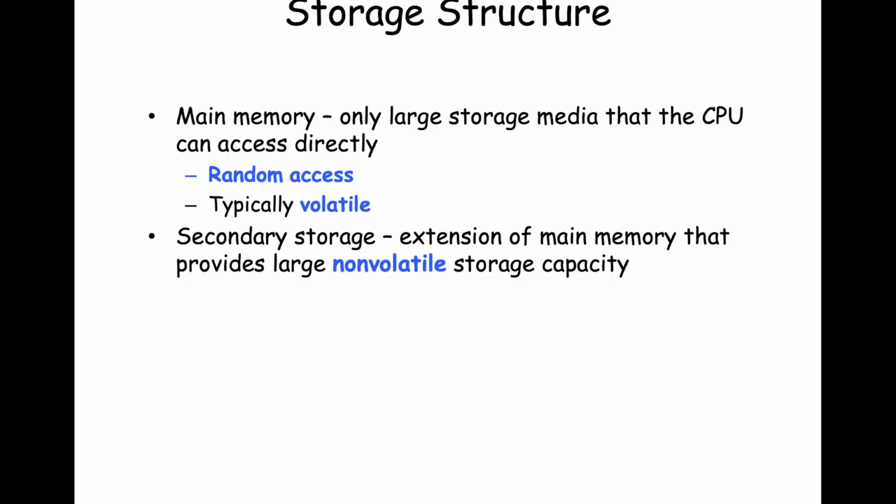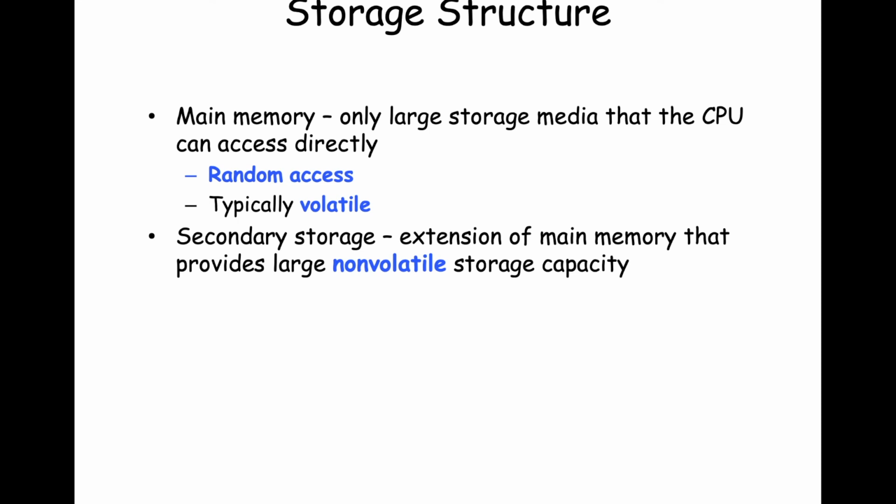Okay, so let's talk about the storage structure. Main memory is the only large storage media that the CPU accesses directly. So it talks over the bus, sending data to main memory, random access memory, or RAM, and it retrieves data, either that information or actual pieces of programs from main memory.